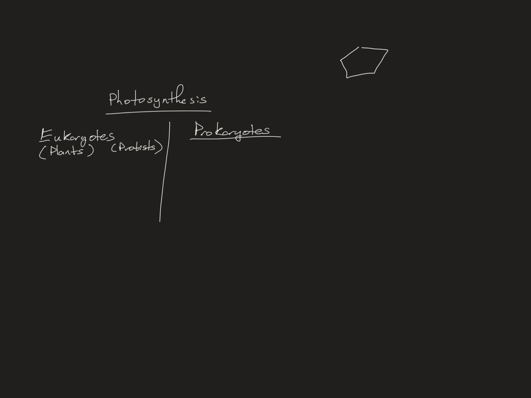Protists. So, a plant is made of, has a cell wall and has a membrane.